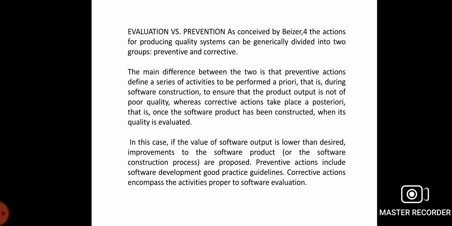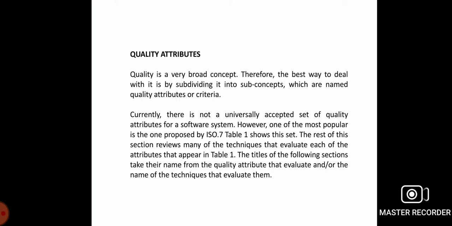Next, the quality attributes. Quality is a very broad concept. Therefore, the best way to deal with it is by subdividing it into sub-concepts, which are named quality attributes or criteria. Currently there is no universally accepted set of quality attributes for software systems.